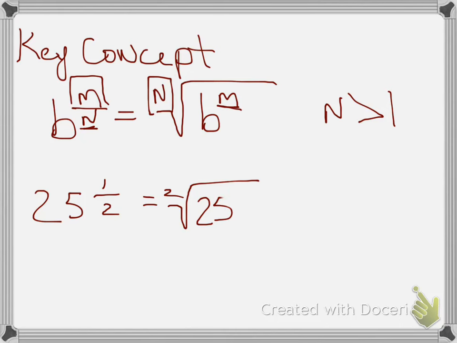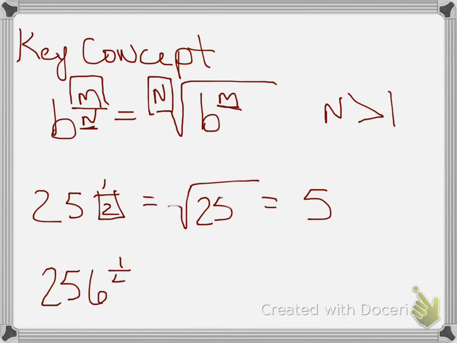So when I don't put a number there, that's considered to be a 2. Any other number that you may have there, you have to put that number here. Okay? So, keep that in mind. Anyways, the square root of 25 is 5, because 5 times 5 is equal to 25.